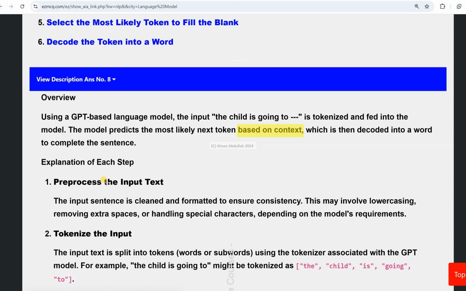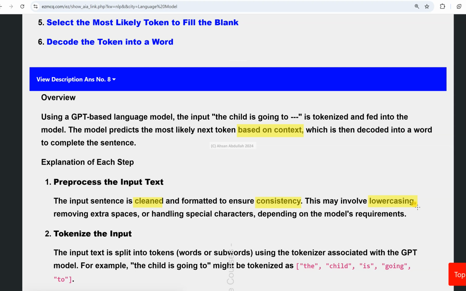The first step is to pre-process the input. You need to clean it and make it consistent, for example, which may involve lowercasing, which has its own issues if you remember. If I have capital US and lowercase it to us, that is a different meaning altogether.